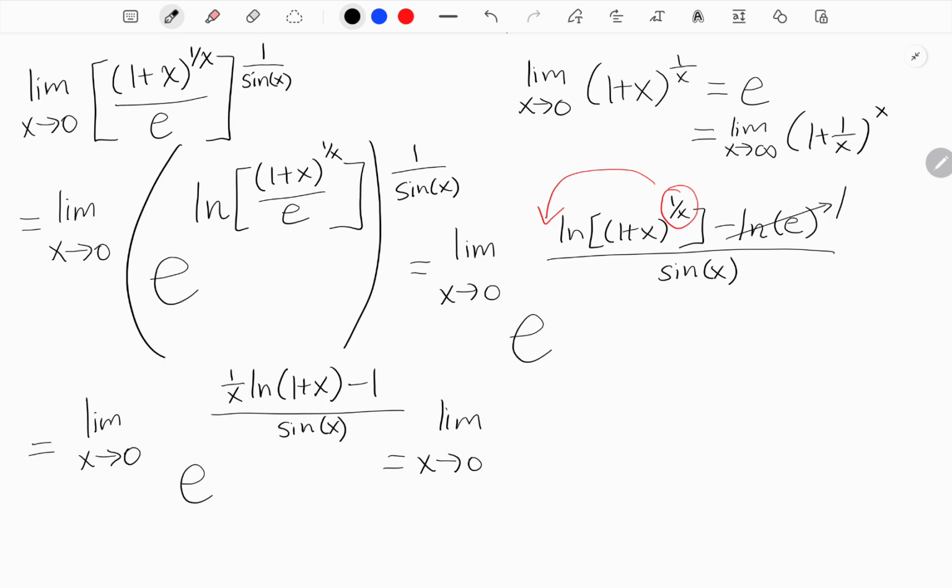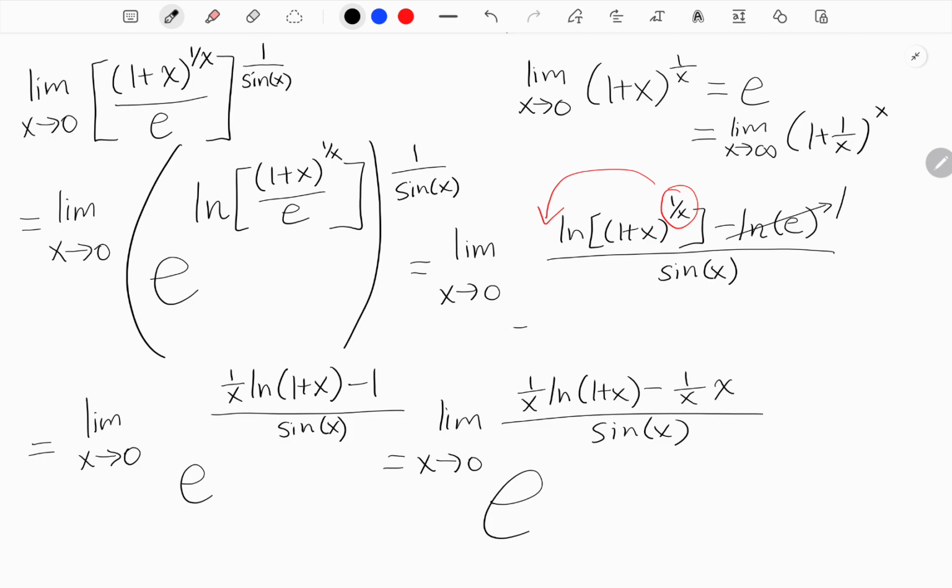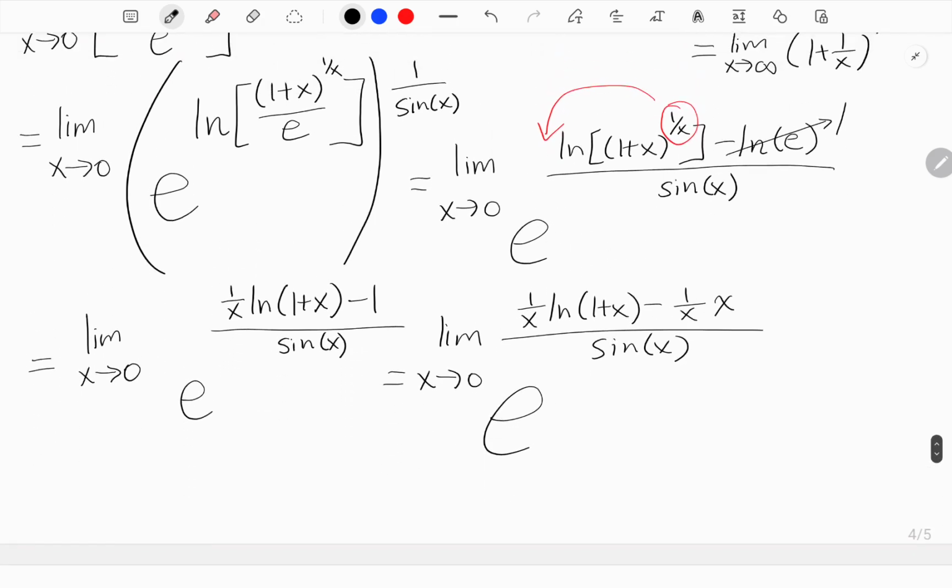Right over here, I can write 1 as x over x. So I have (1 over x times ln of (1 plus x), minus (1 over x) times x), and this is all over sine of x. Of course, e is raised to all of that.